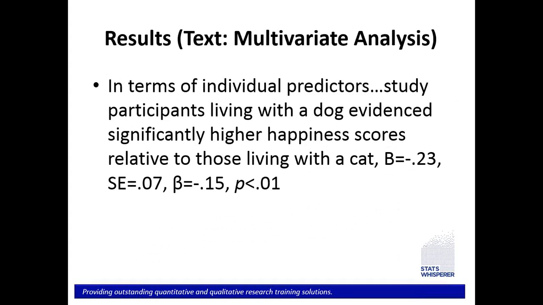In terms of the individual predictors, study participants living with a dog evidenced significantly higher happiness scores relative to those living with a cat. And we have here the standardized beta, B equals negative 0.23. The standard error, the standardized beta, and the probability level, p is less than 0.01.